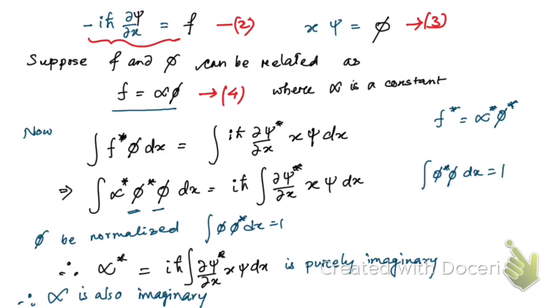So if it is imaginary, we can consider that alpha is equal to i h cut by beta. Let us consider its value is i h cut by beta. Let me take it that way.